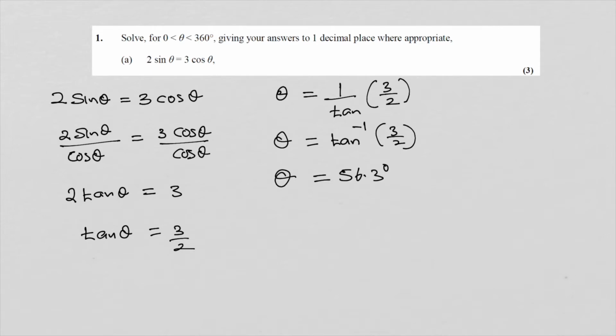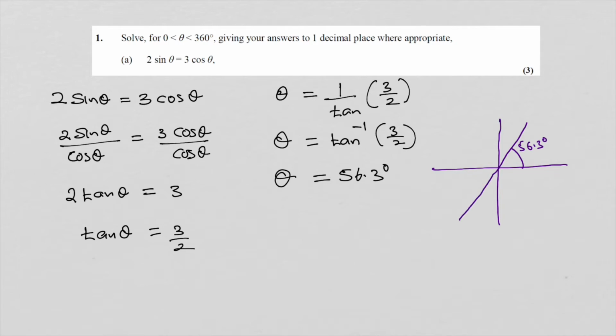Now to find the rest of theta, 56.3 degrees, it might be best to use the CAST diagram. So this is CAST. If I draw that, from that to there is 56.3 degrees. But tan is also positive in the third quadrant.